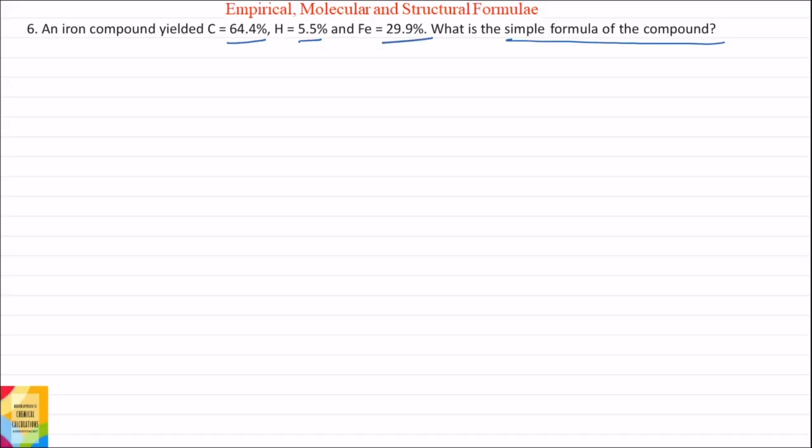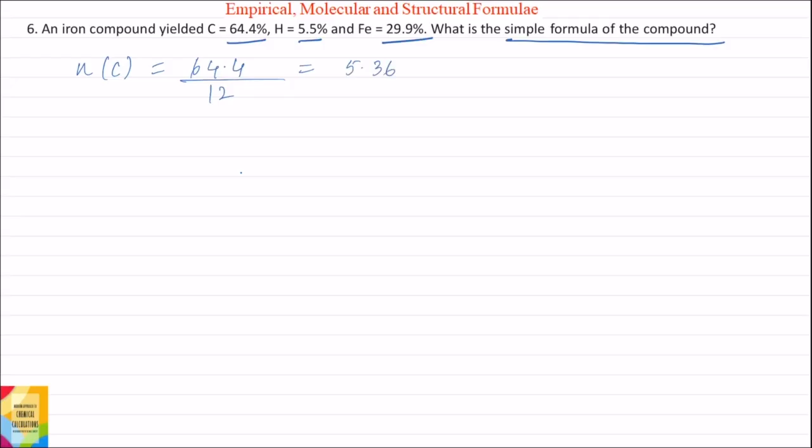Now the formula for the number of moles is weight divided by atomic weight in case of atoms. Therefore, moles of carbon will be equal to 64.4 divided by 12, and this is equal to 5.36.